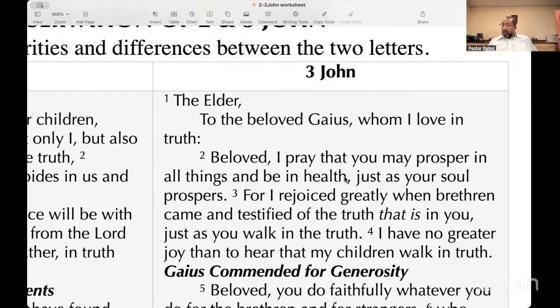So you write it down. Love is there 2 times, in verse 1 and verse 6.